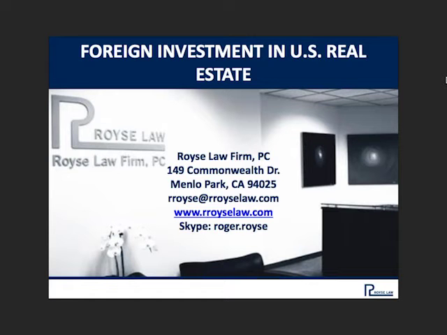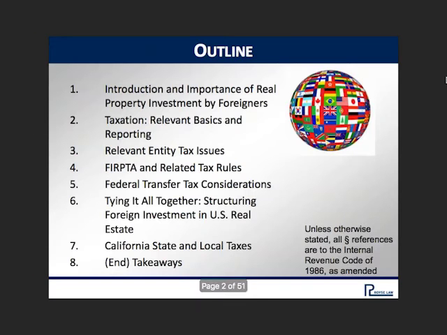We don't have a lot of time, so let's go through an overview of what we're going to try to talk about in the hour that we have. Number one is self-explanatory: the importance of investing in real estate by foreigners, particularly in California, because the property tends to appreciate. In this outline, these are the topics we're going to cover, the relevant basics in terms of reporting.